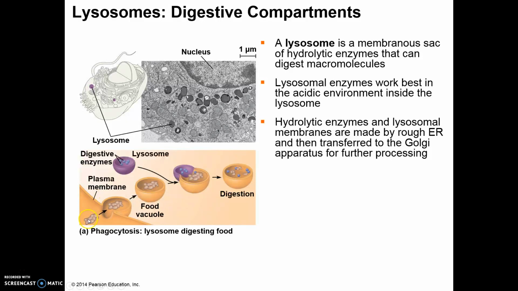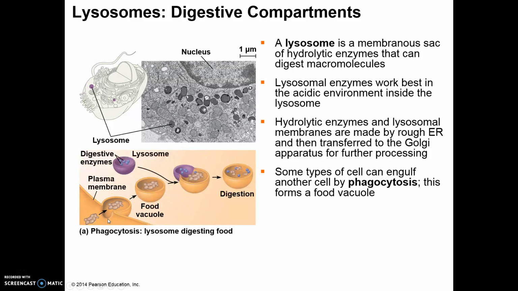So if we have anything bigger, what we need to do is incorporate that material through a process that we call phagocytosis. So we get an invagination of the plasma membrane that draws in the material. It pinches off into what we call a food vacuole. We can then take our lysosomes and fuse them with these food vacuoles, breaking down the material inside. Then we can absorb those individual monomers that can be pulled in through specific transporters.